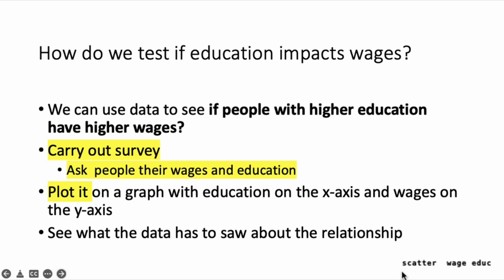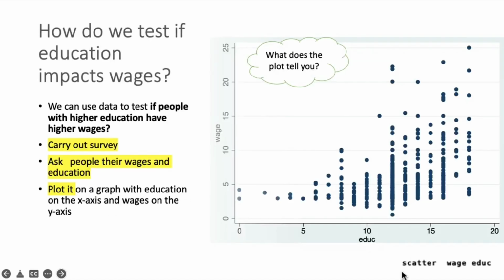We can ask people their wages and education. Once we have this data, we can plot this information on a graph where we have education on the x-axis and wages on the y-axis. And by looking at the data, we can try to see what the data tells us about the relationship between wages and education.